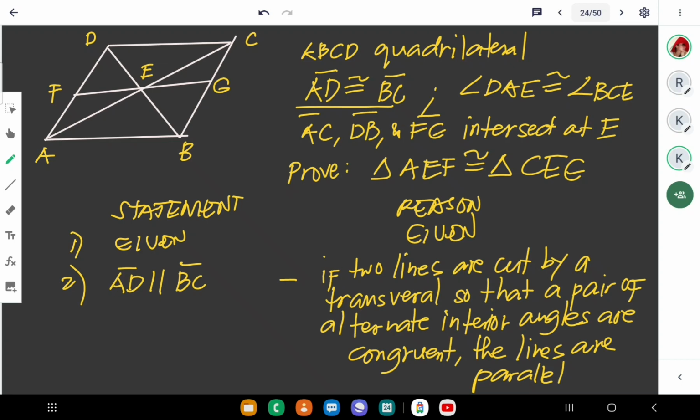Okay, so it says that ABCD is a quadrilateral. And is it a parallelogram? Taking a look at the properties of quadrilaterals, you can take a screenshot of that.